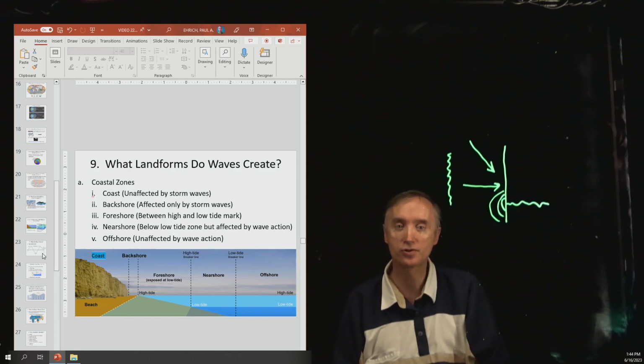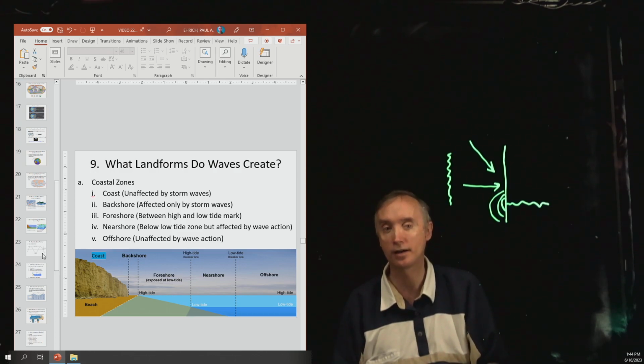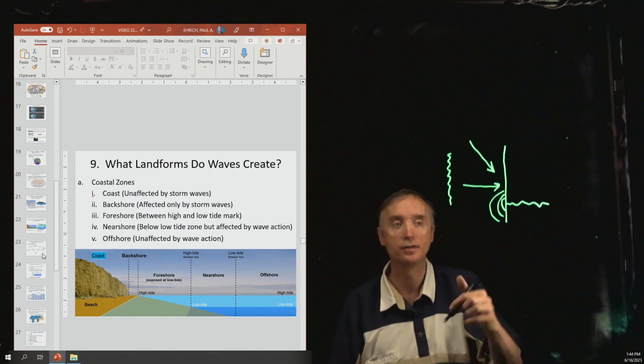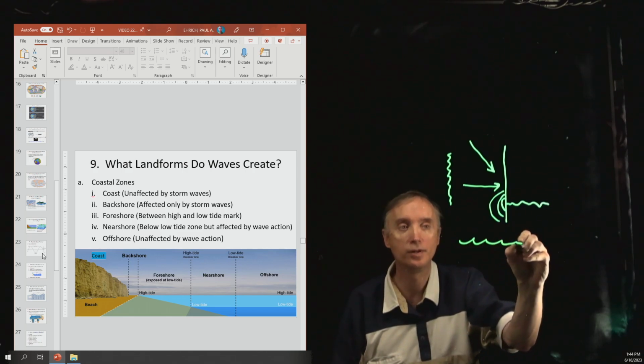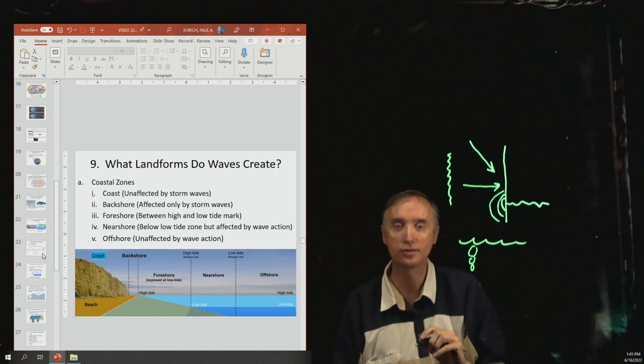Then you've got the foreshore, which is between the high and the low tidal marks. At high tide, the entire foreshore is underwater. At low tide, the foreshore is out of the water. Then you've got the nearshore, which is below the low tide but still affected by wave action, because we said that a wave churns the water in circles down to a certain depth.